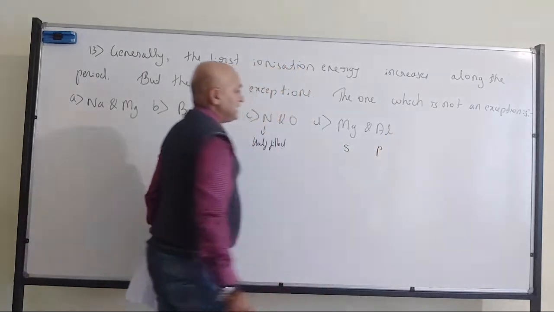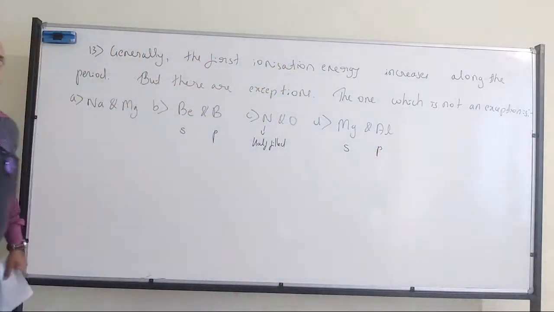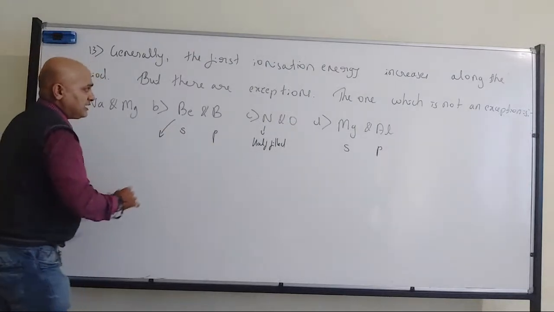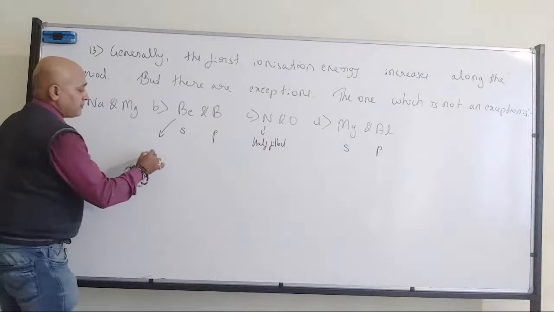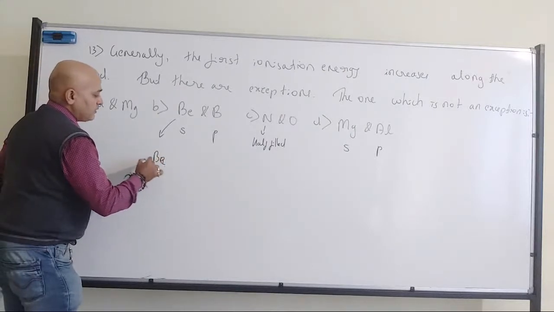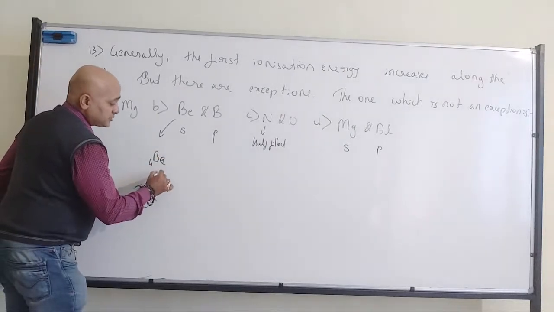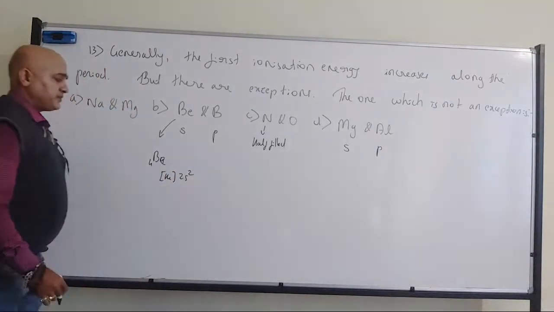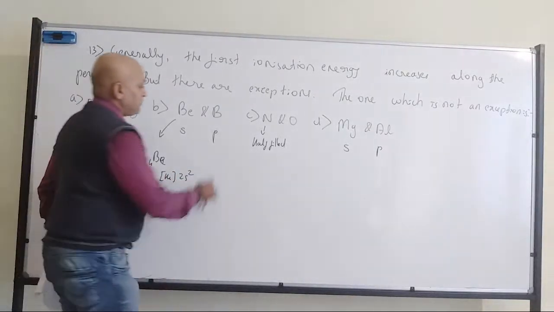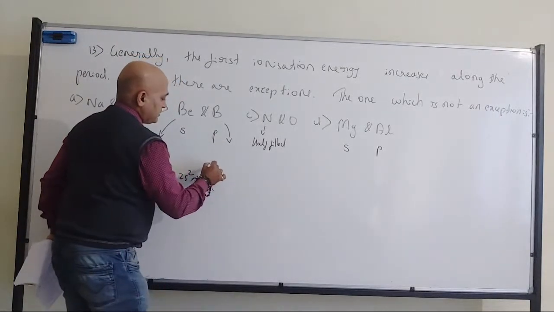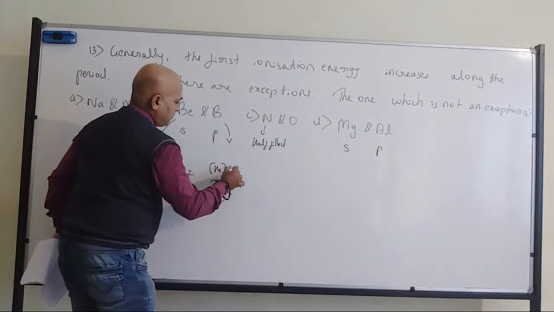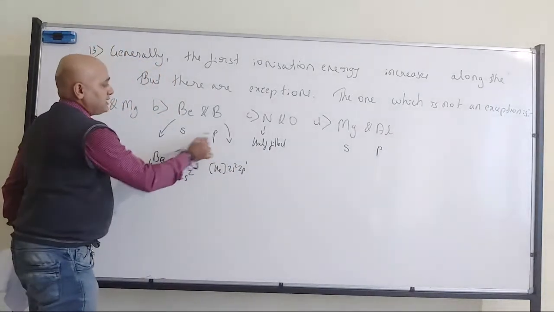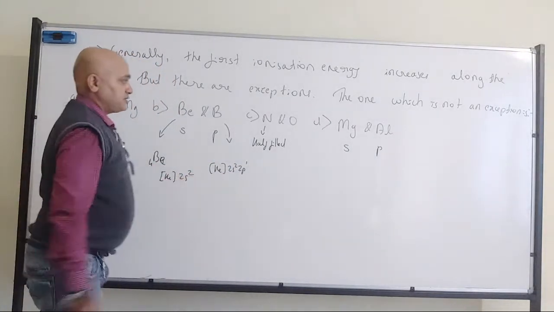Here also we have the S and P subshell in the outermost shell. For example, if I take beryllium, what is the atomic number of beryllium? Beryllium is 4. So naturally it should be having helium 2s2, right? But boron is 5. So it will be having helium 2s2 2p1. So that's P subshell and S subshell.